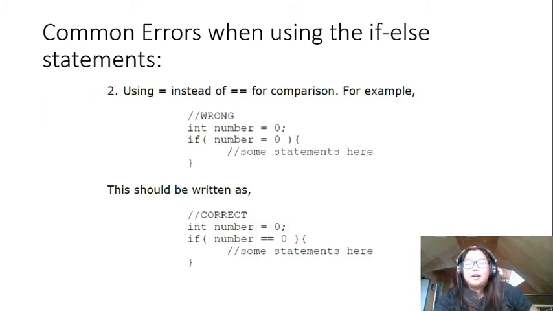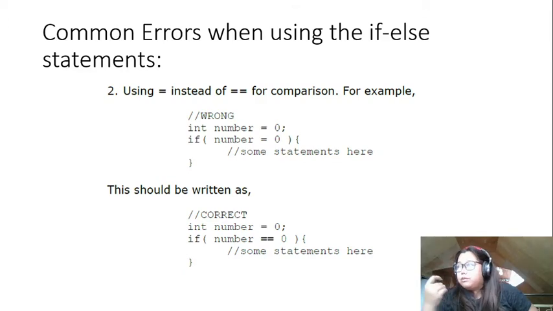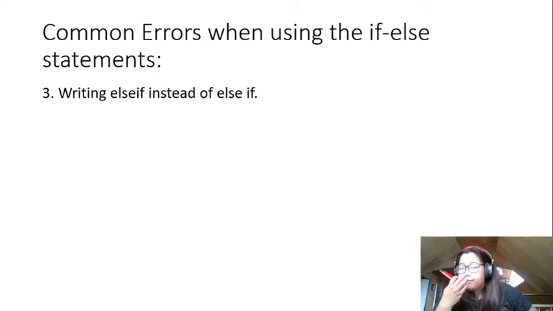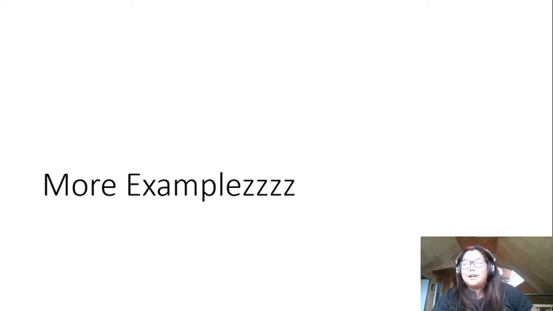Next is using a single equal rather than equal equal for comparison, because the solo equal sign is used to assign a value to a variable. But if you use equal equal, that is equivalent to a Boolean statement. And then of course, writing else if without a space. Make sure that it always has a space. So, more examples.